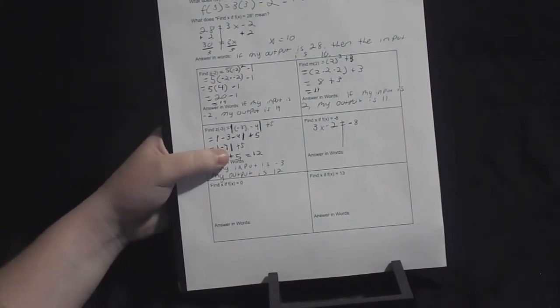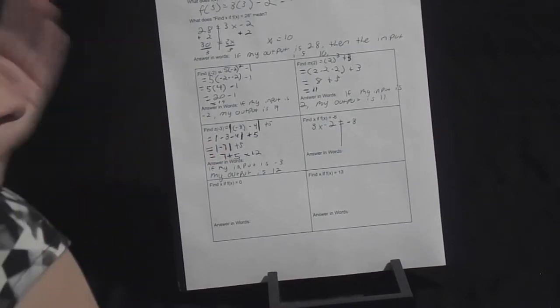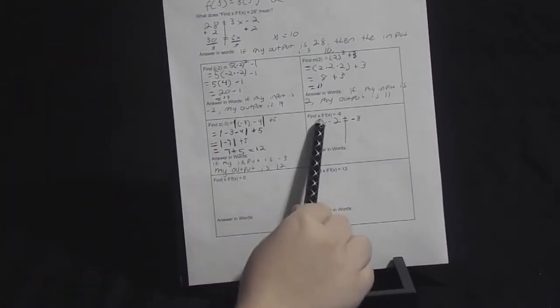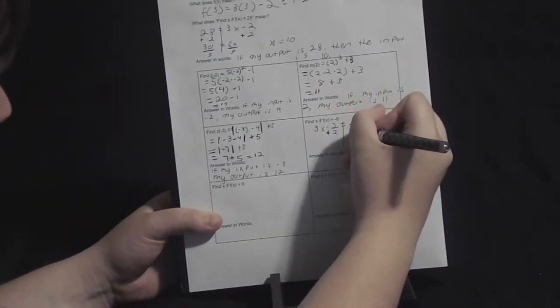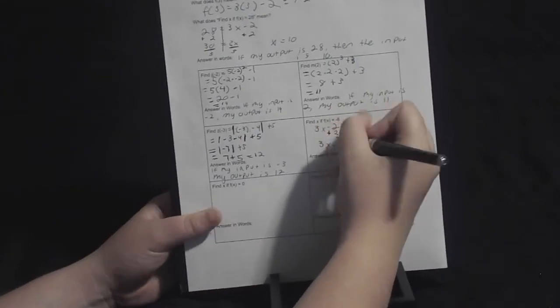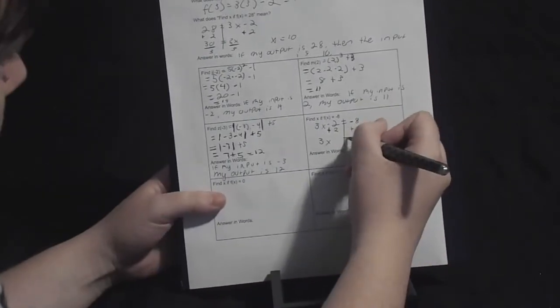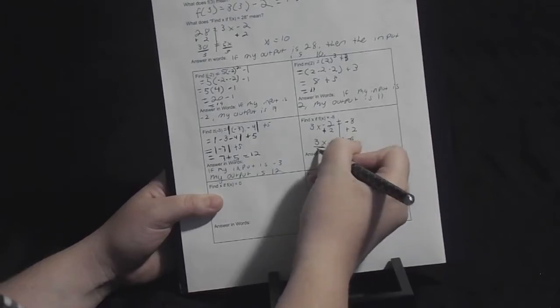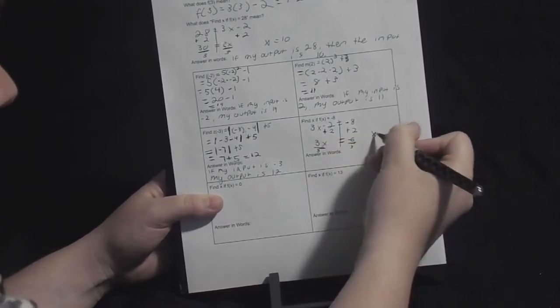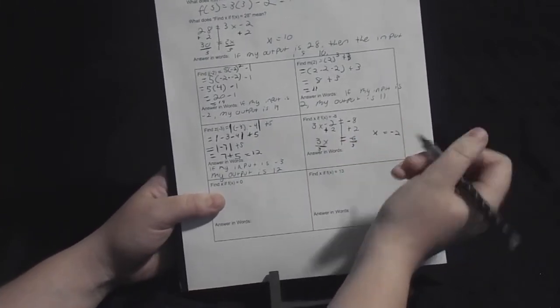So the first thing I have to do is get rid of the thing with x that's not being multiplied to it. So 3 is being multiplied, so not that, but the other thing, the minus 2. I get rid of minus 2 by adding it. So I still have 3x, but negative 2 plus 2 became 0. And then on the right side it says equal negative 8 plus 2, which is negative 6. So I'm going to divide both sides by my 3 to get x alone, and x then is negative 2.